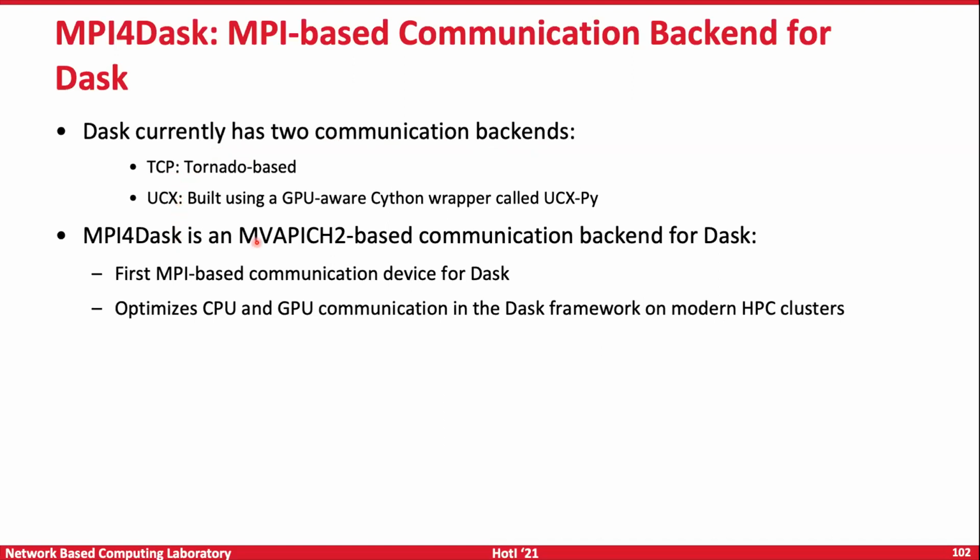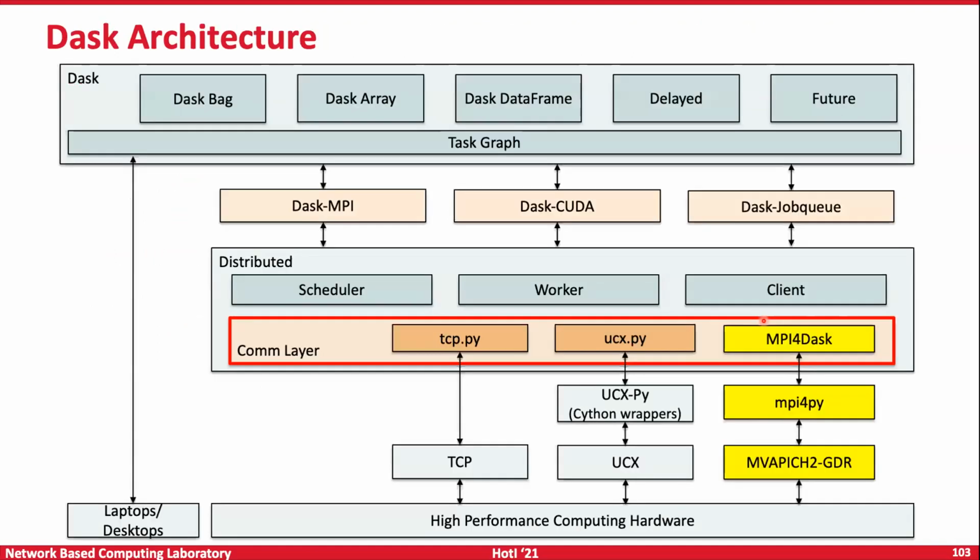What we have done as part of this work is that we have developed something called MPI4Dask, and MPI4Dask, just like MPI4ML, is an MVAPICH2 based communication backend for Dask. And this is the first MPI based communication device for Dask. What this does is that it optimizes CPU and GPU communication in the Dask framework on modern HPC systems.